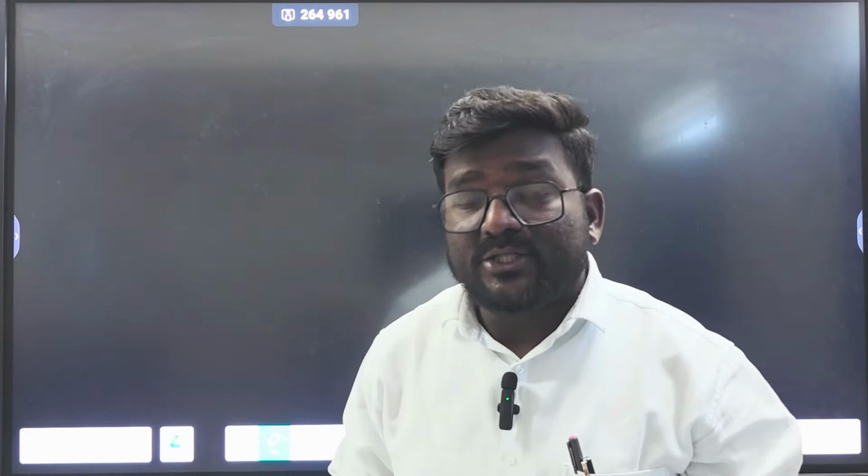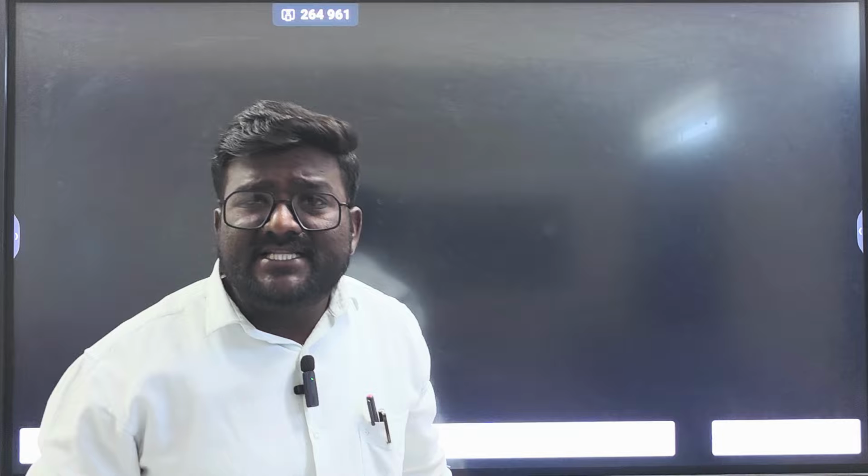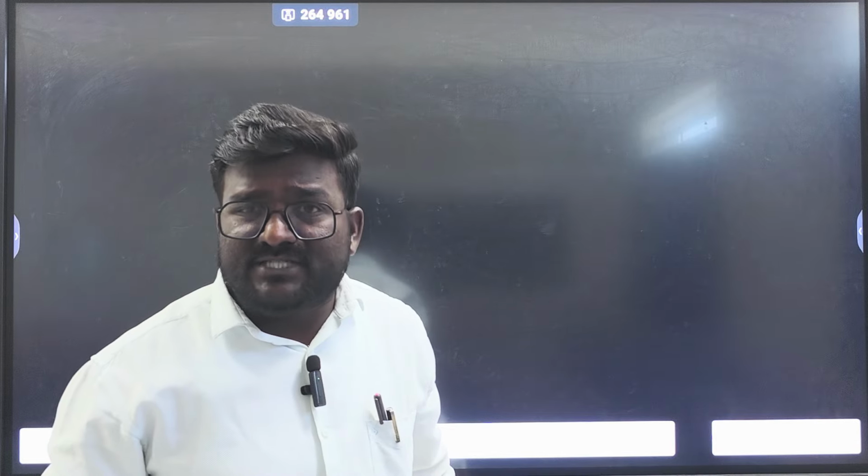In today's session, we are going to learn how to solve the question based on inverse trigonometric function. This question was asked in JEE Mains 2025, January 22, 2nd shift 1. What is the question?